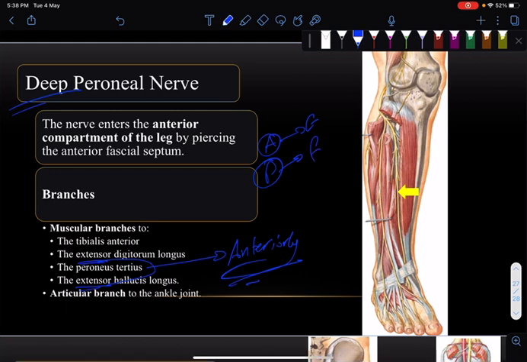Alright. So هنا anterior so it's extensors. Yes. Articular branch بعطينا للني ankle joint.